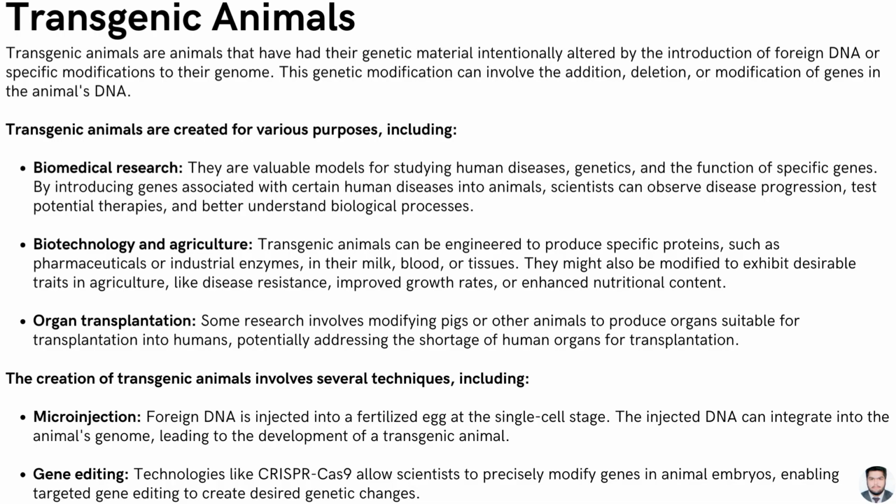Transgenic animals can be engineered to produce specific proteins such as pharmaceuticals or industrial enzymes in their milk, blood, or tissues. They might also be modified to exhibit desirable traits in agriculture like disease resistance, improved growth rates, or enhanced nutritional content.